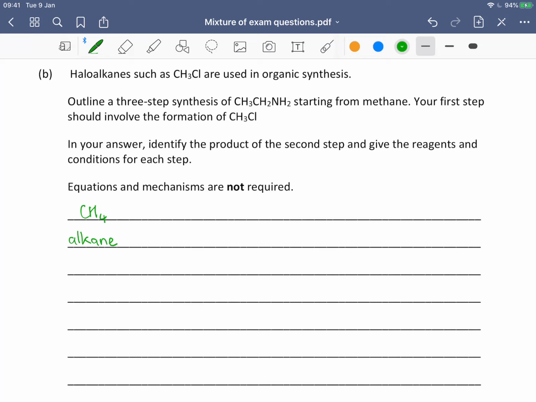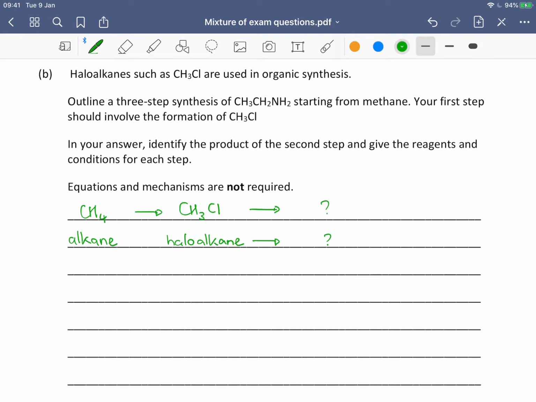And they tell us that we have to use that to form chloromethane. So that is obviously a haloalkane. Then there's obviously going to be a next step. That will be step 2, but at the moment we don't know what that is. So they've said identify the product of the second step.